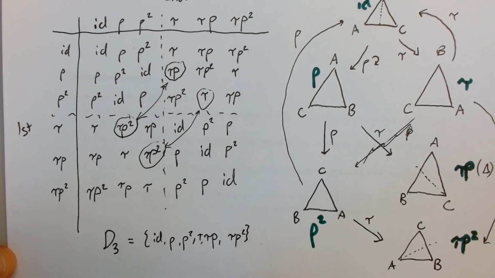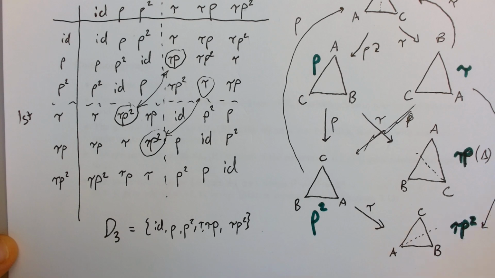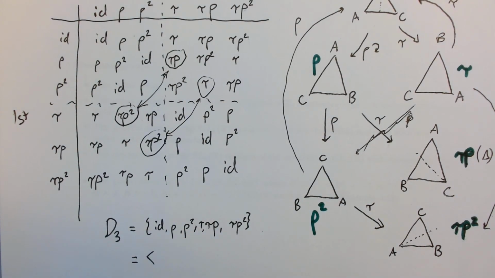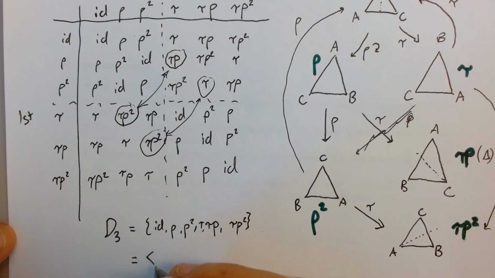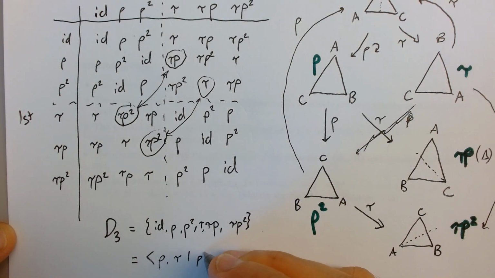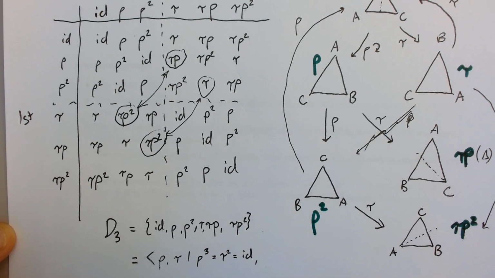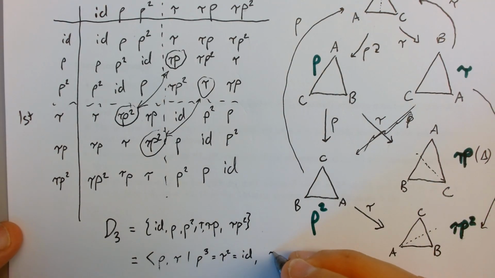But notice that everything in here is just combinations of tau and rho. So I could say it's generated by them. Whenever I use angle brackets like that, I'm saying that I'm generating all combinations of the following things. So it's generated by rho and tau with particular relationships, namely that rho cubed is the identity, tau squared is the identity, and how they interact with each other: tau rho is the same as rho squared with tau.